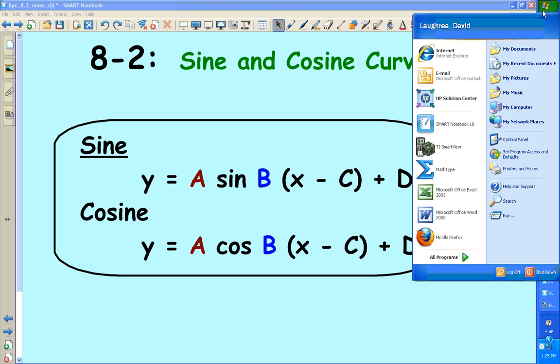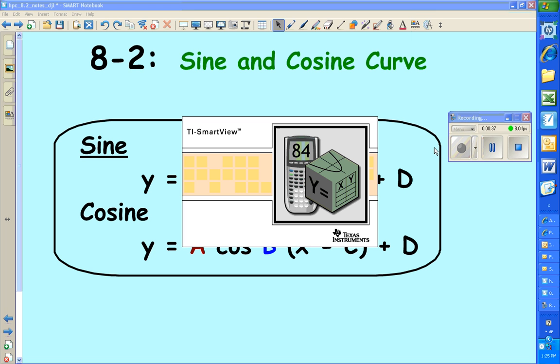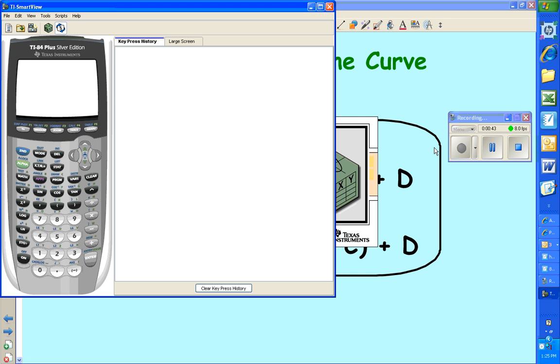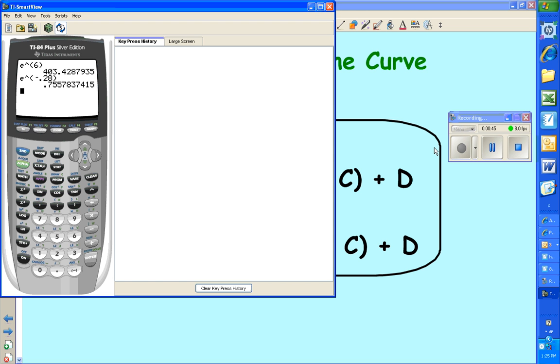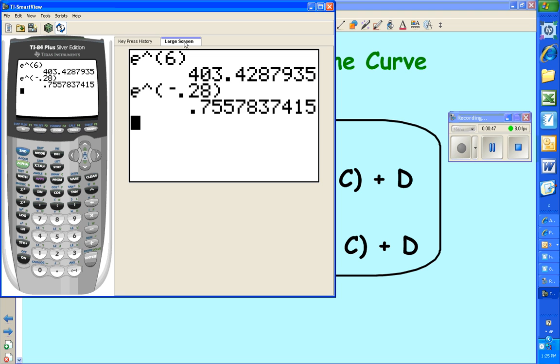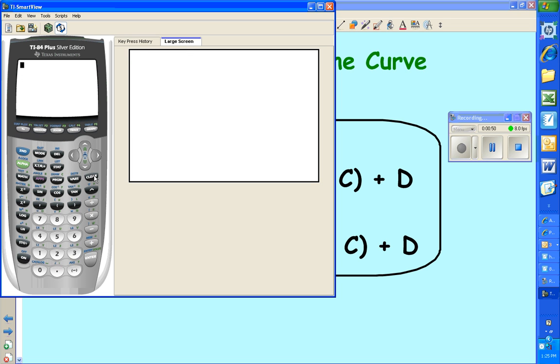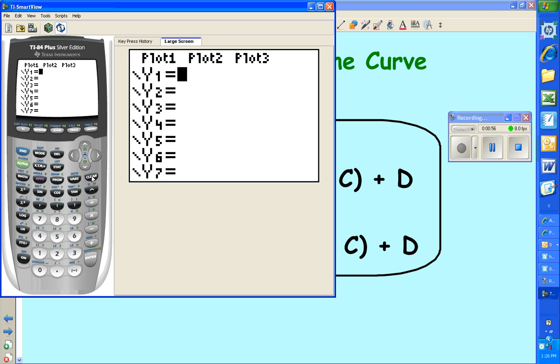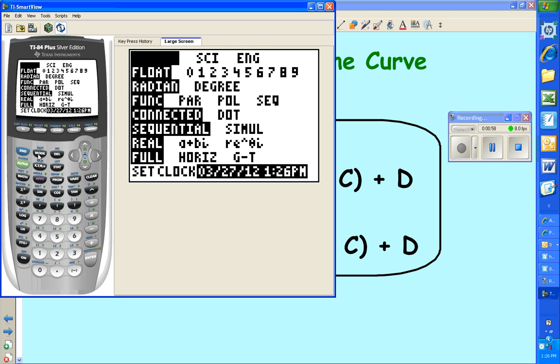Before we even begin anything, we're going to look at the graphs, and we're going to see, hey, you know what? These are exactly the same pictures. Okay? So I'm going to leave this screen up visible for you just so you can see it. We're going to start with, let's see what mode I'm in. Radians. I'm going to switch to degrees.